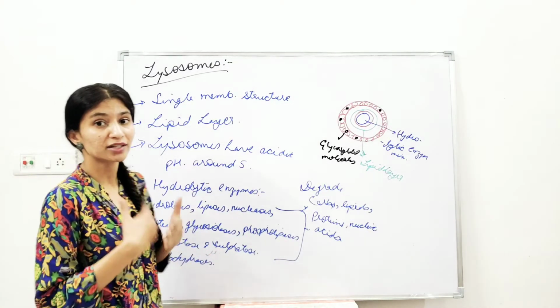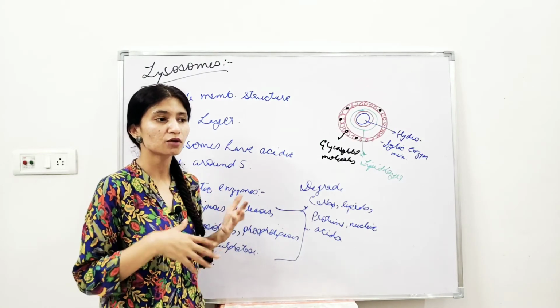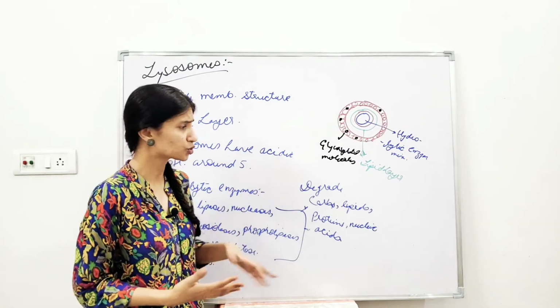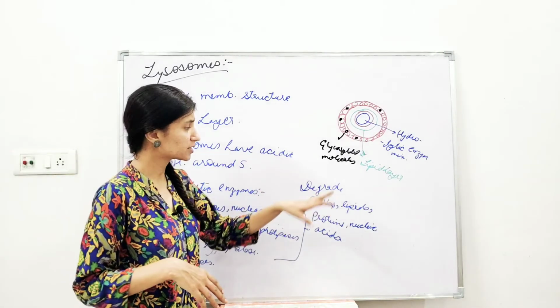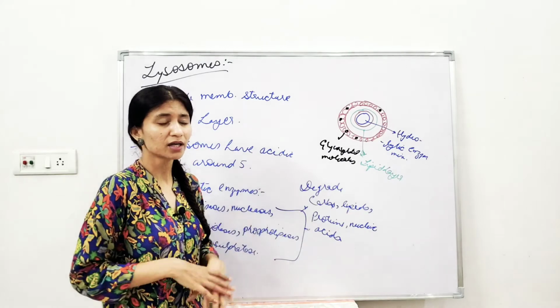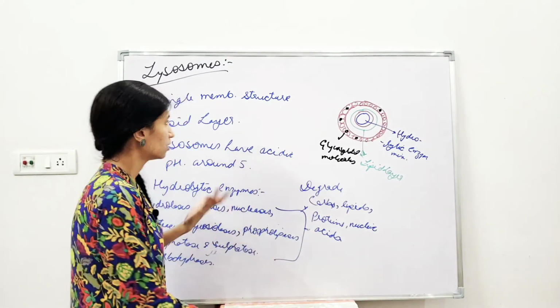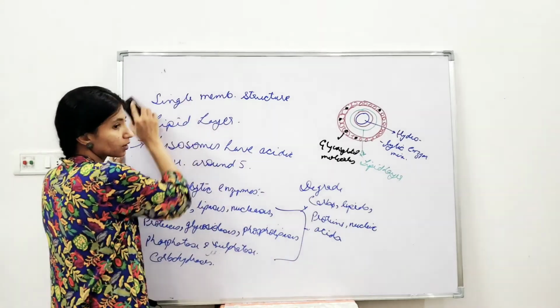And what they degrade is all the unwanted material of the cell which has already been used or will no longer be in use in the future: the carbs, the lipids, the proteins, the nucleic acids. Okay, these biomolecules have already been used and will no longer be in use.